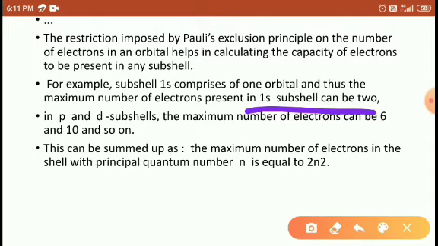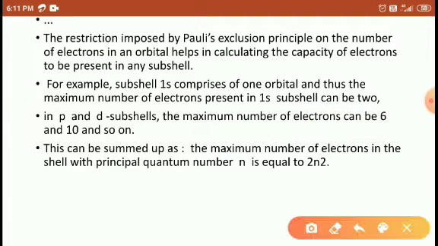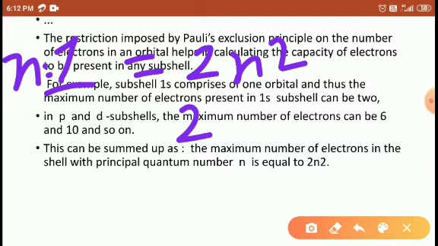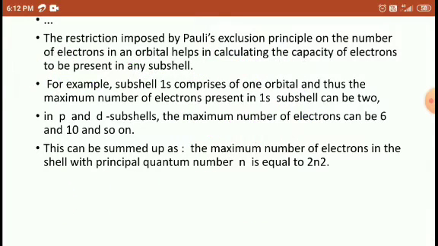The p and d subshells hold 6 and 10 electrons, and the maximum number of electrons in a principal quantum number is based on this formula: 2n squared. For example, for the first energy level, n is equal to 1, then 2n squared is 2, so only 2 electrons are occupied in the first energy level, right?